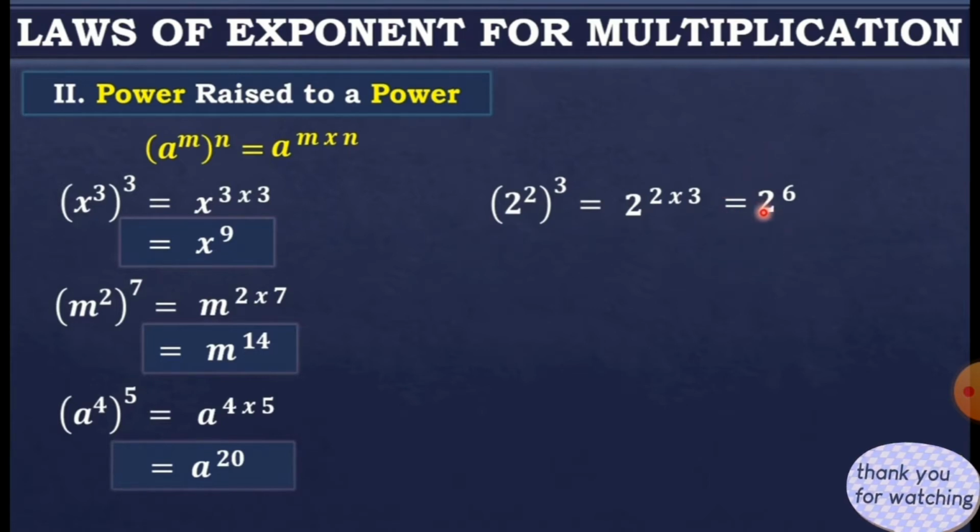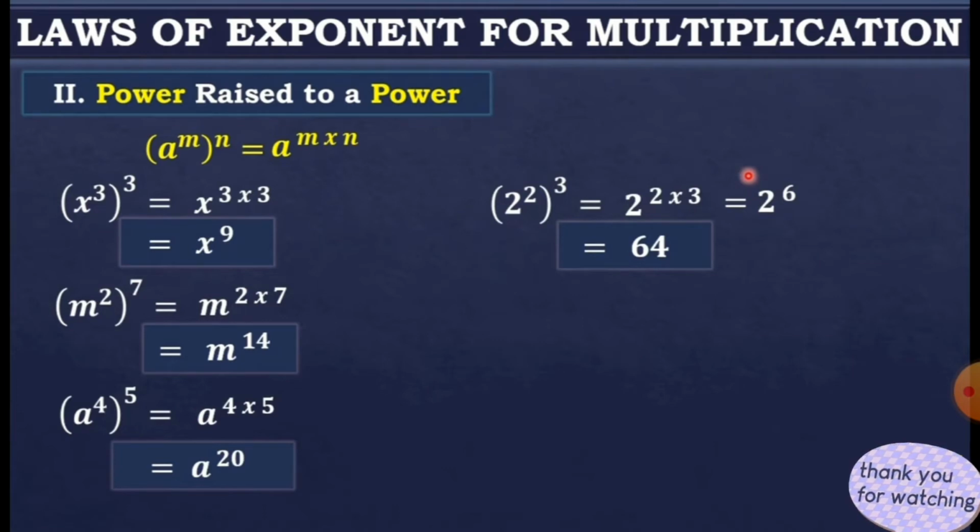So, we will multiply 2 six times because its exponent is 6. So, in expanded notation, it becomes 2 times 2 times 2 times 2 times 2 times 2. So, that's six 2s that we multiply. So, the answer is 64. So, that's our final answer.